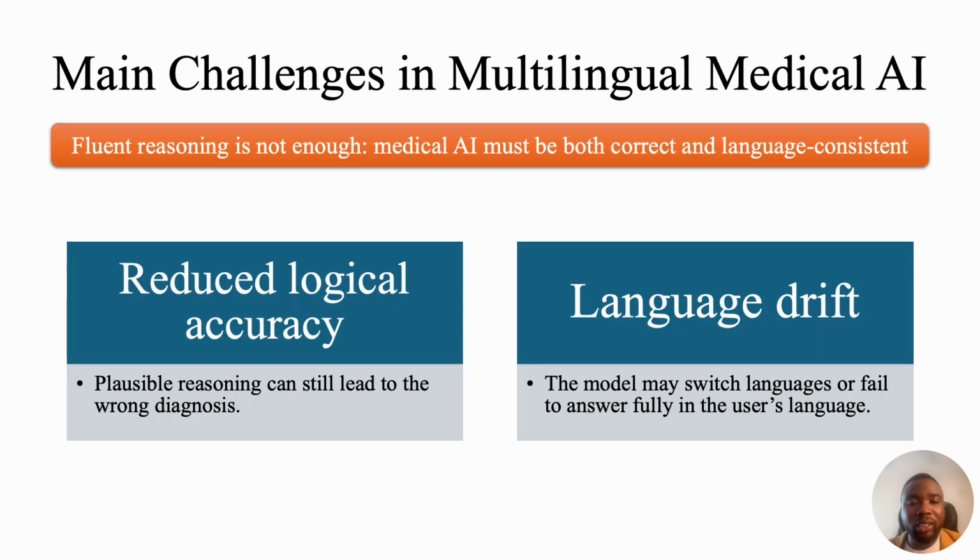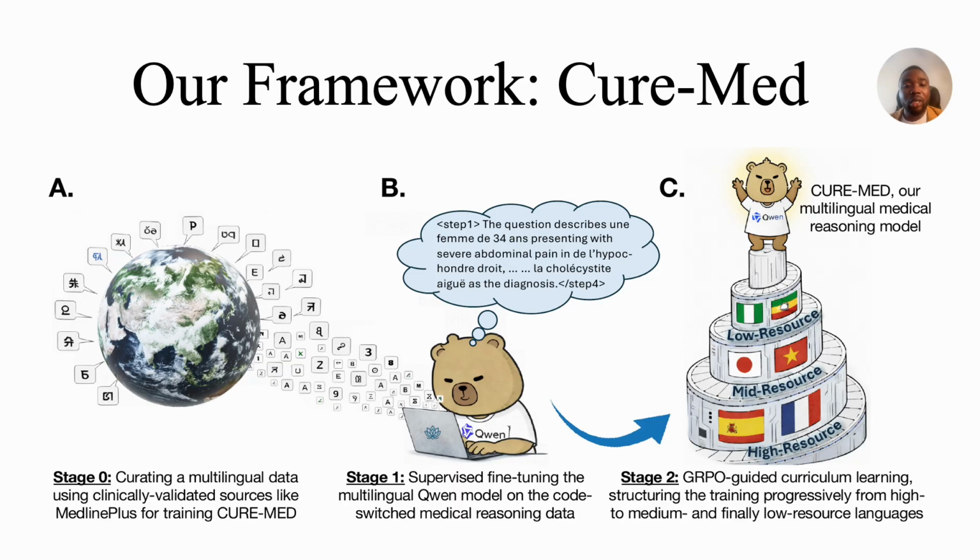The two main challenges with multilingual medical reasoning are, one, reduced logical accuracy, where models respond correctly in some languages, but if you prompt them in other languages like Yoruba and Swahili, their accuracy reduces. Two, language drift, where models mix the language that they are prompted in with other languages. This is why we introduced our framework called CureMed.